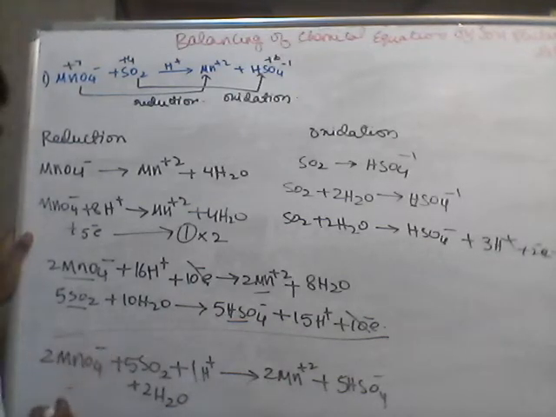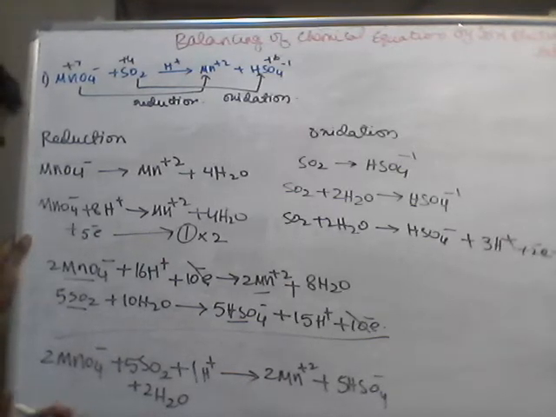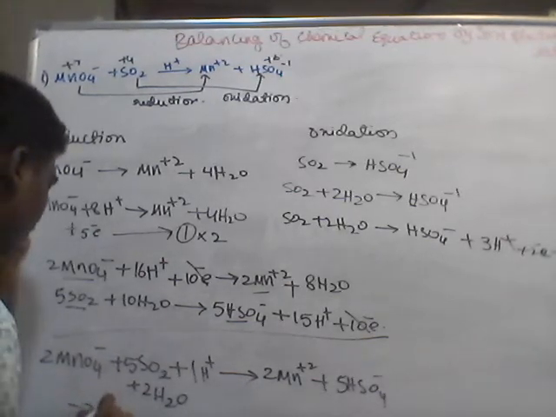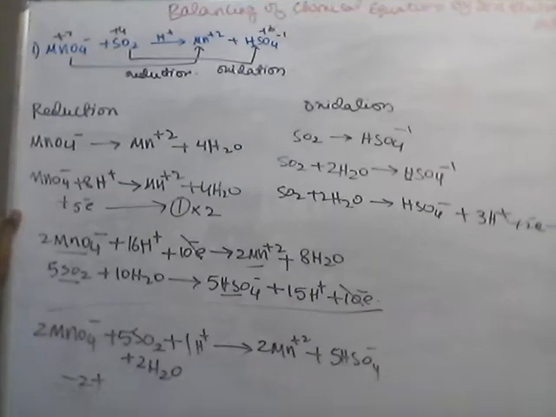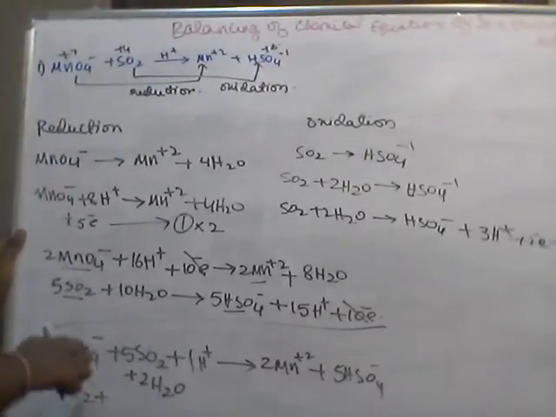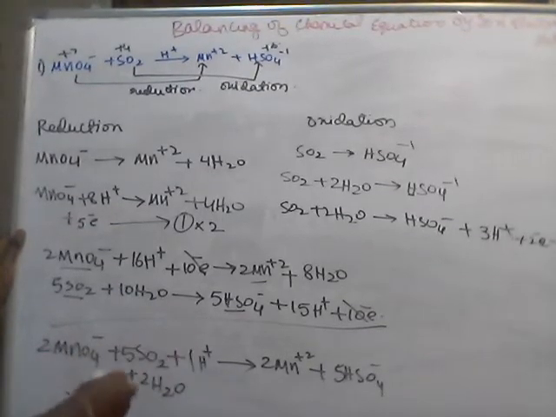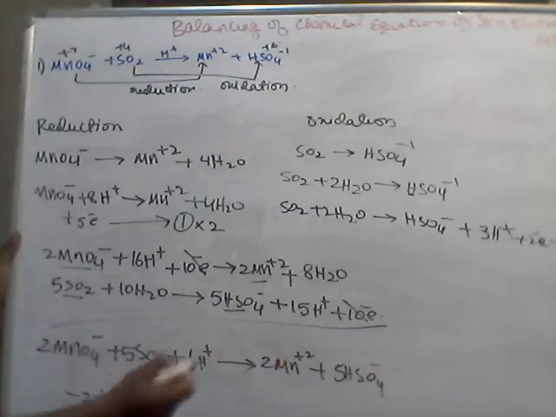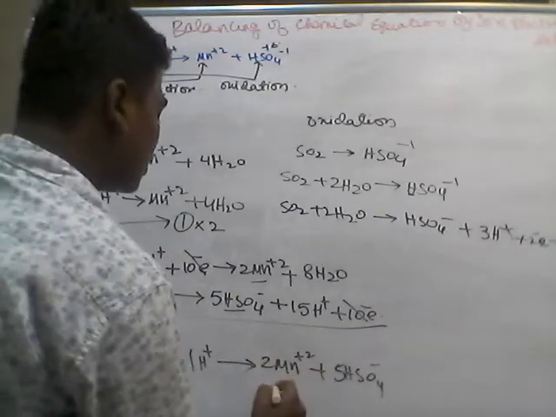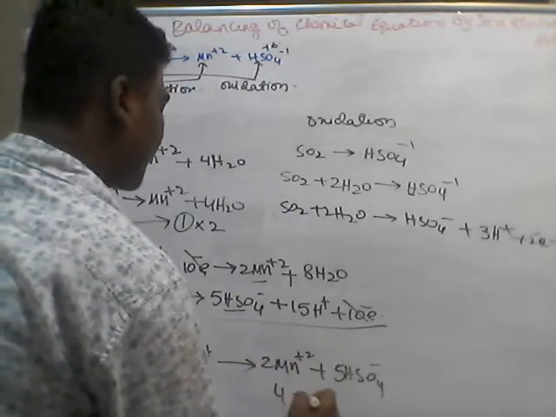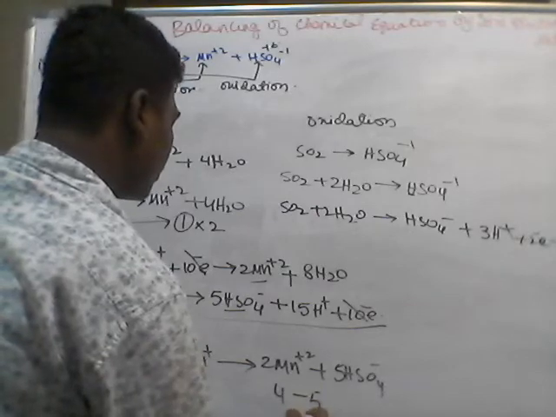Now check how to check. 2 into minus 1 will give me minus 2, plus 0 plus 1 on the other side, which is nothing but the minus 1. Coming to this, 2 twos are 4 minus 5, which is equal to minus 1.